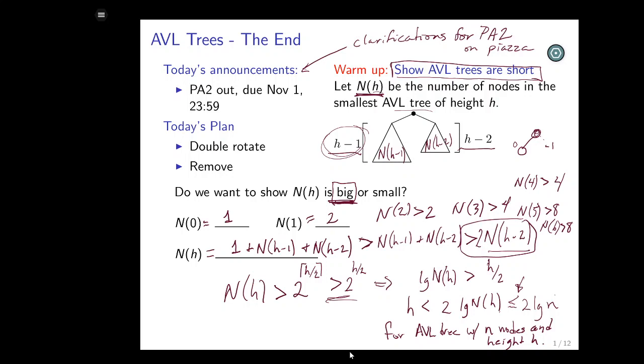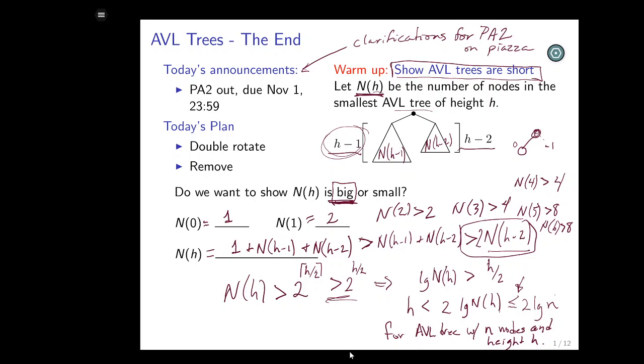We found the size of the smallest AVL tree of height h, and that's a good thing to know. When we find out that the number of nodes in that tree is big, then we know that the number of nodes in any AVL tree of height h is going to be big, and that's what we use down here to say that any AVL tree of height h has a lot of nodes.